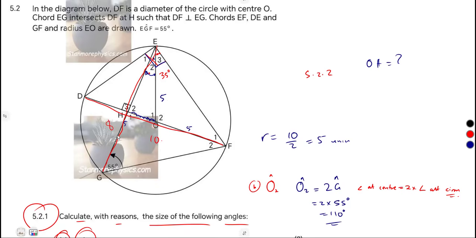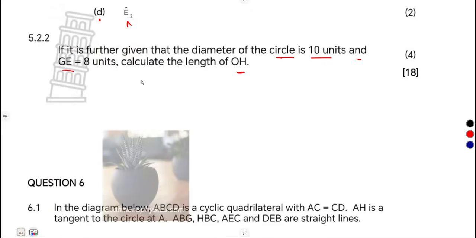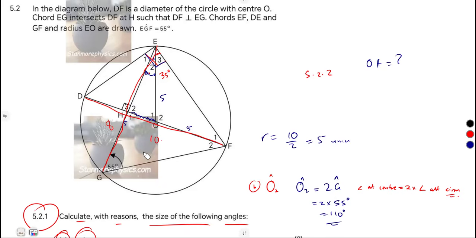All right, then what else do we have? We are given the whole GE, not H. From G to E, the whole part is 8 units. But remember that here we consider the radius concept where a radius and a chord meet, or a diameter.